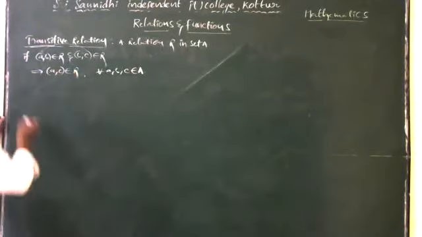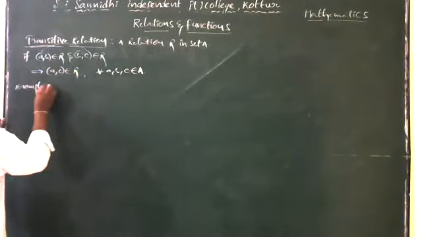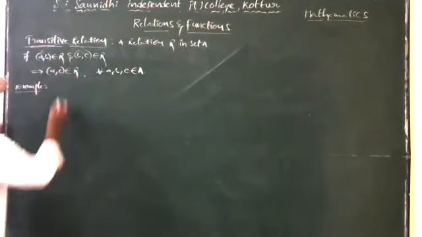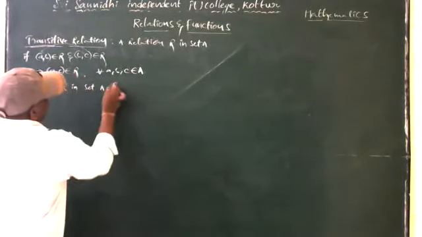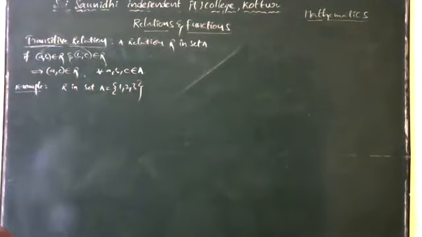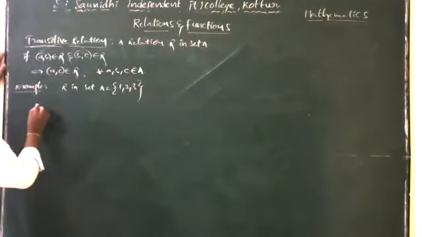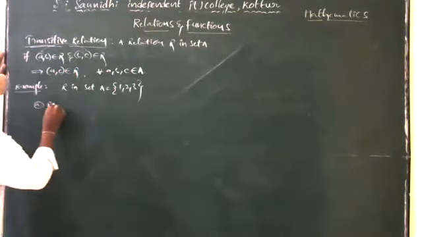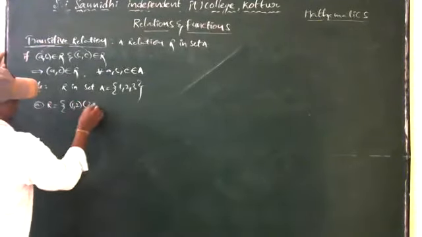Then an example. Here we define the relation in set A equal to {1, 2, 3}. Right? For example, we have to observe an example. Suppose the relation is {(1,2), (2,3)}.